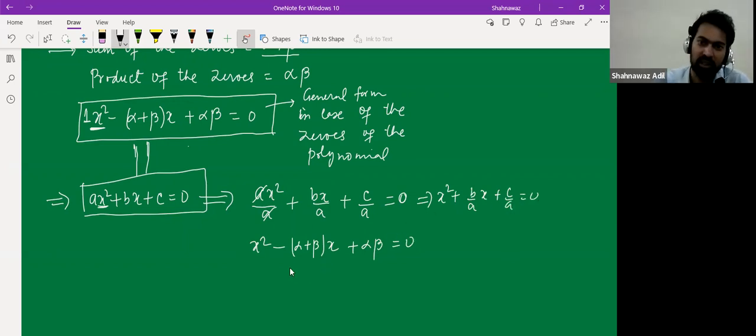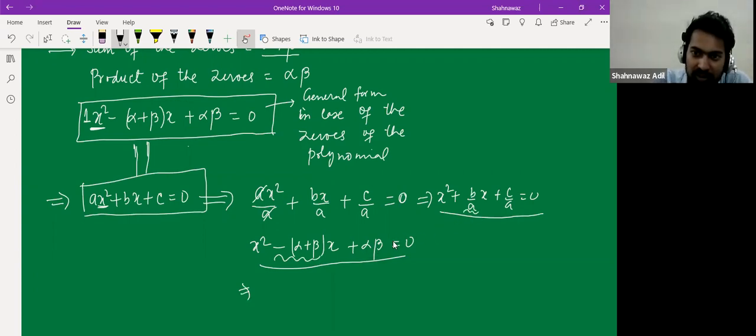So when you compare this equation and this equation, what can you infer about these coefficients and these coefficients? These are equal. These are both quadratic equations. This is in the coefficient form and this is in the roots form, the zeros form.